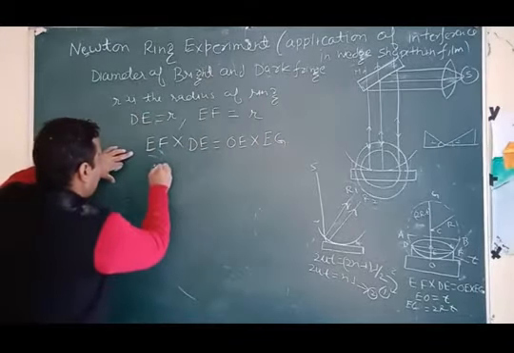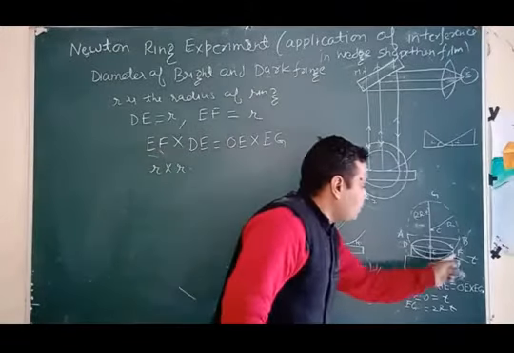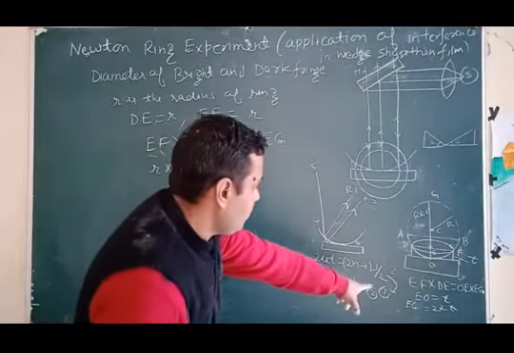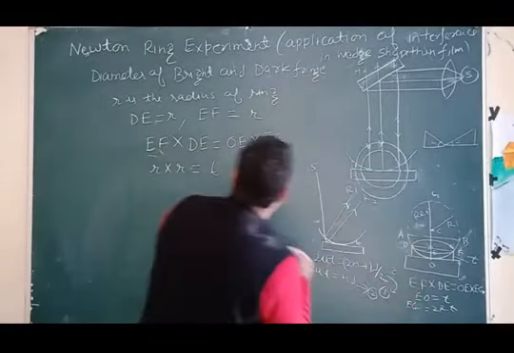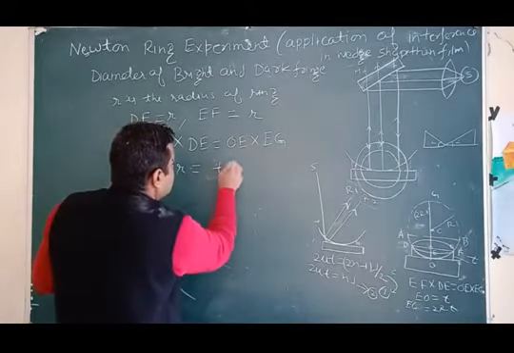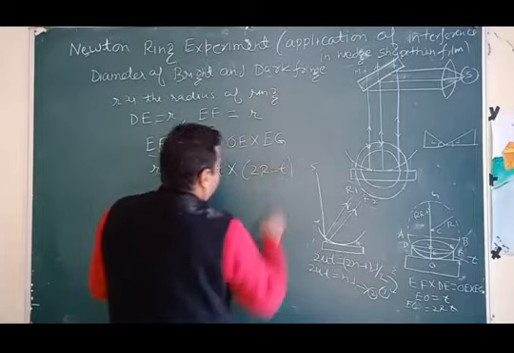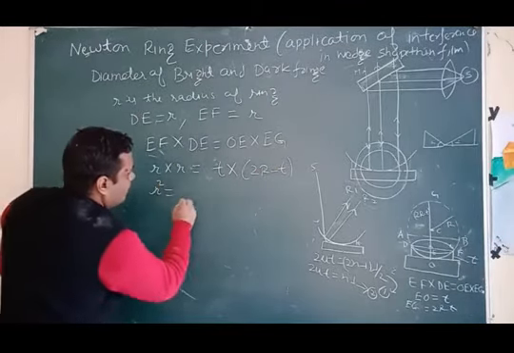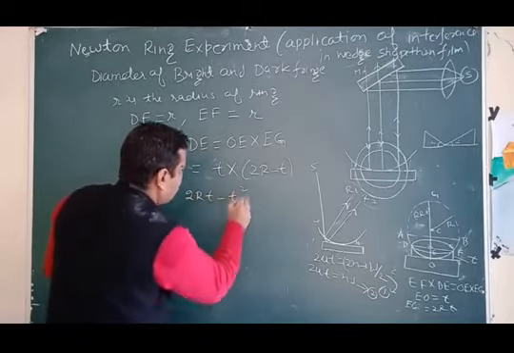So EF is R, the radius of the ring. Understand? And OE is T, and multiplying by EG, which is 2R minus T, this is R square equals 2RT minus T square.